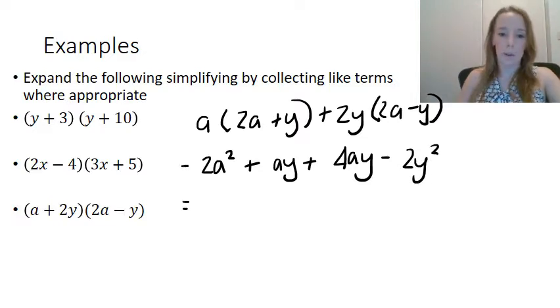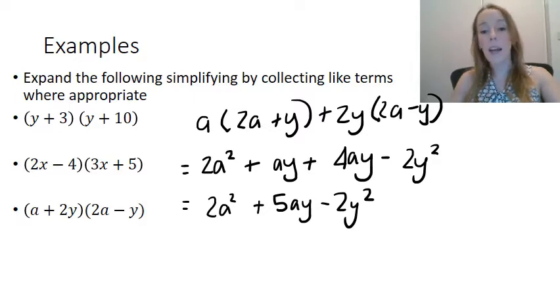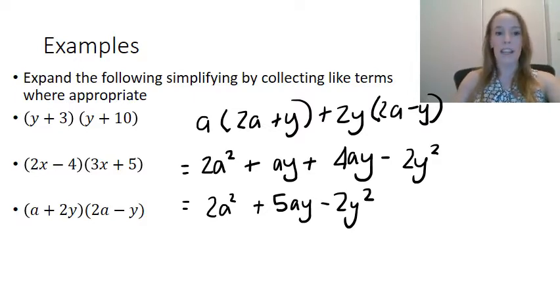And again, oh, I forgot my equal sign. So from there, we're going to look for any like terms. So 2a squared doesn't have any like terms. So ay plus 4ay will leave us with 5ay, take 2y squared. And we can't simplify that any further, so we'd leave it there.